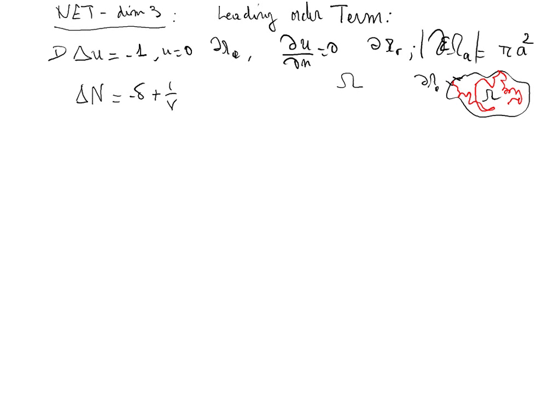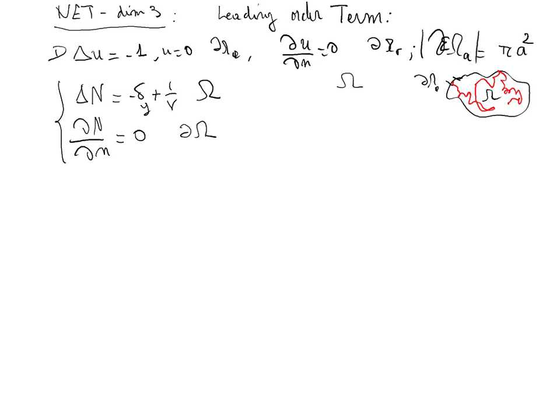The Neumann function satisfies dn, the derivative with the external normal, equal to 0 everywhere on the boundary, and inside the domain we have a delta Dirac at point y.